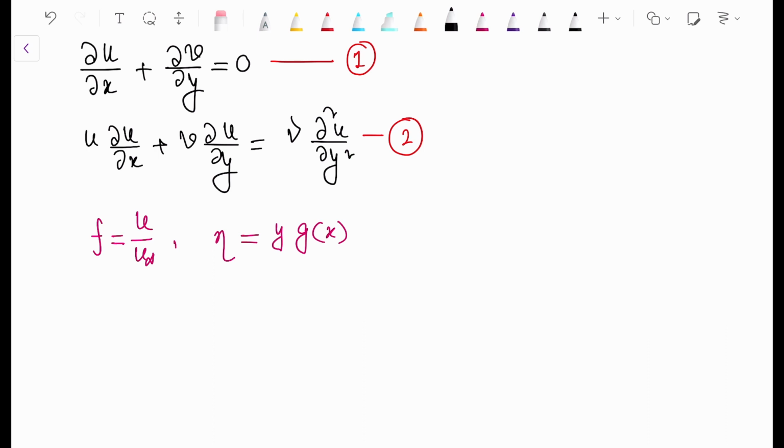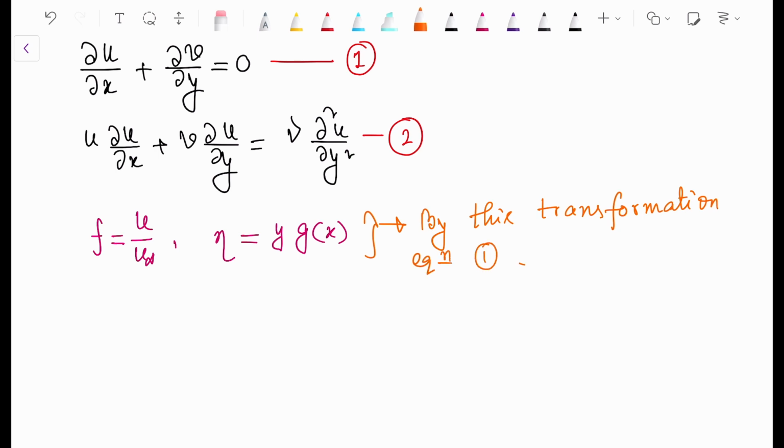I will assume that by this transformation, equation 1 and 2 can be converted into an ODE, an ordinary differential equation.